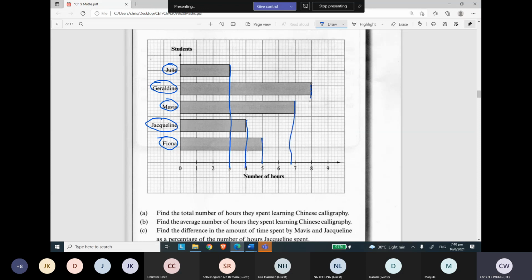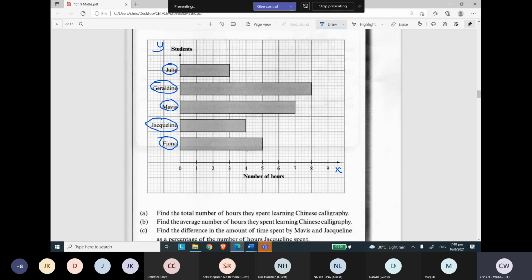So what do you do? It's always good to write the number on top of the bar or beside the bar if you want to. Then you don't have to refer to it all the time. So you look at the first one, Julie. The x-axis represents hours, right? So this is the y-axis. The y-axis represents students.